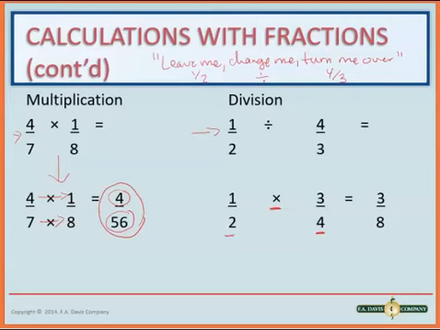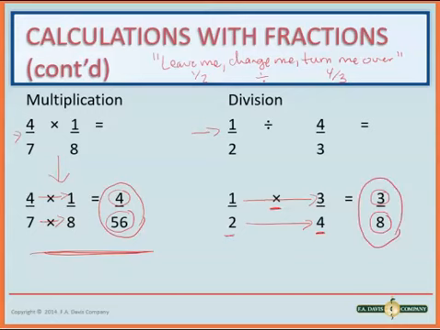So then we can solve the calculation just like we did over here when we were doing multiplication, and we can just solve straight across. So 1 times 3 is 3, and 2 times 4 is 8. So our answer is 3/8.